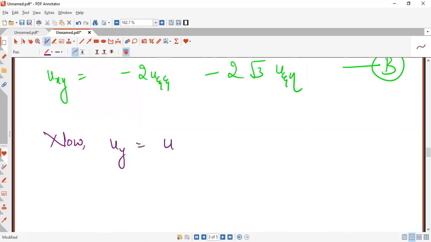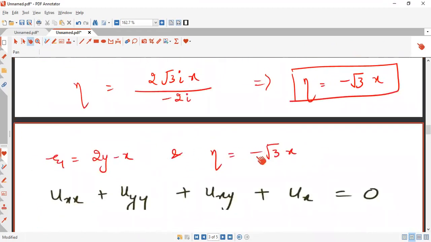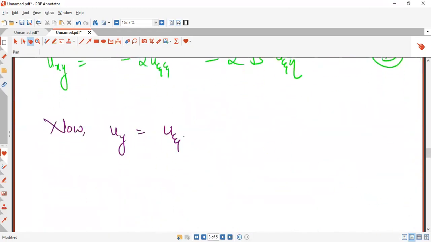Now, uy is u xi of xi y. Xi y is what? 2. And eta y is 0. I'm writing it directly: just 2 u xi, because u eta y is 0.